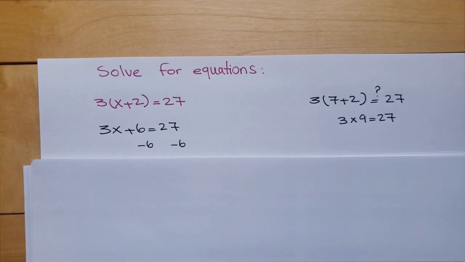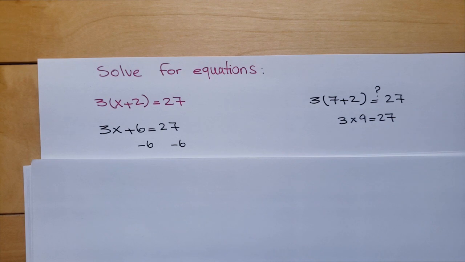Remember, when we are trying to solve an equation, the final purpose is to find a numerical value for the unknown variable, or here the unknown is x. In order to do so, we have to isolate the x.